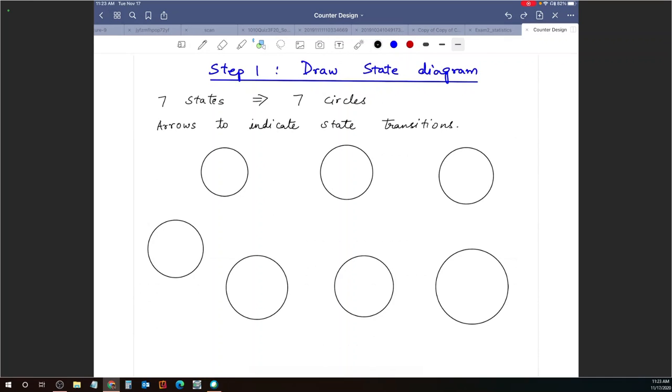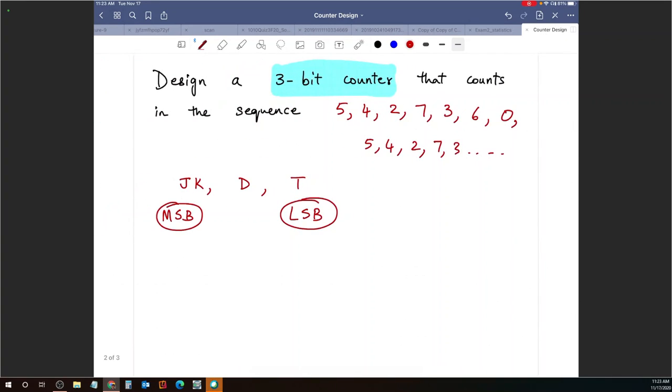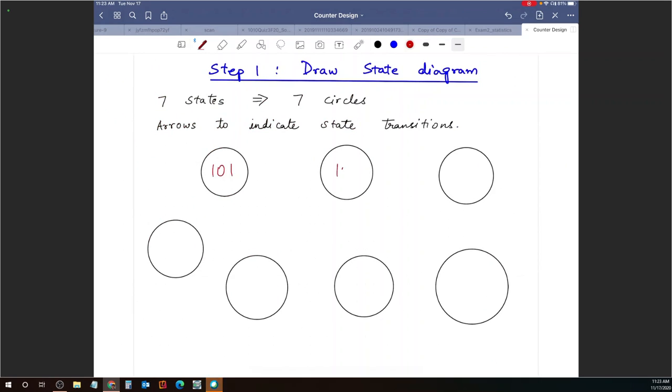Better. What am I starting with? I'm starting with 5. So I will write 101 inside my state, and I'm going to call that state something, but that is 5. After 5, what did I have? 4, 2, 7, 3.